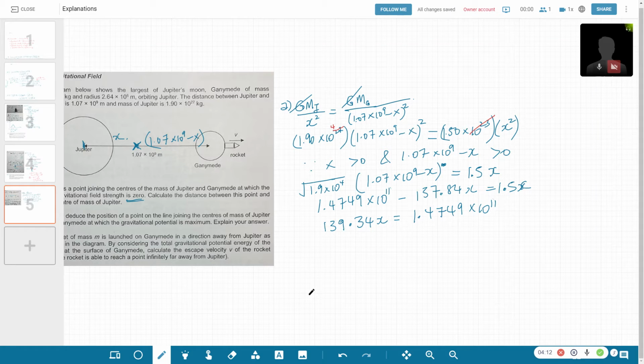So take that, divide by 139.34, and get x as 1.0548 times 10 power 9 meters. Approximately, following 3 significant figures, that is 1.06 times 10 power 9 meters.